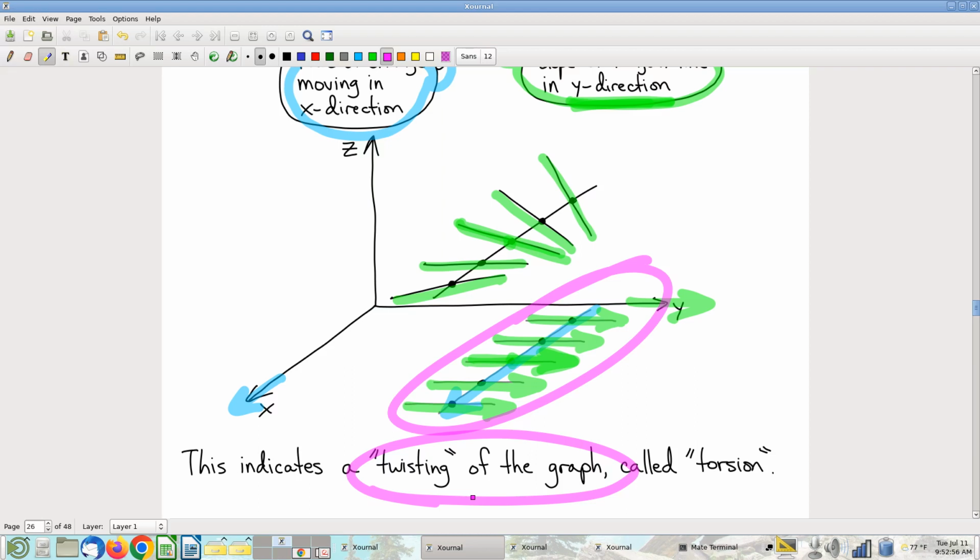But anyway, that twisting is what causes those y slopes to increase as I move in the x direction. So that twisting is what this mixed second partial is measuring. Mixed second partials measure a kind of twisting of the graph. Okay.